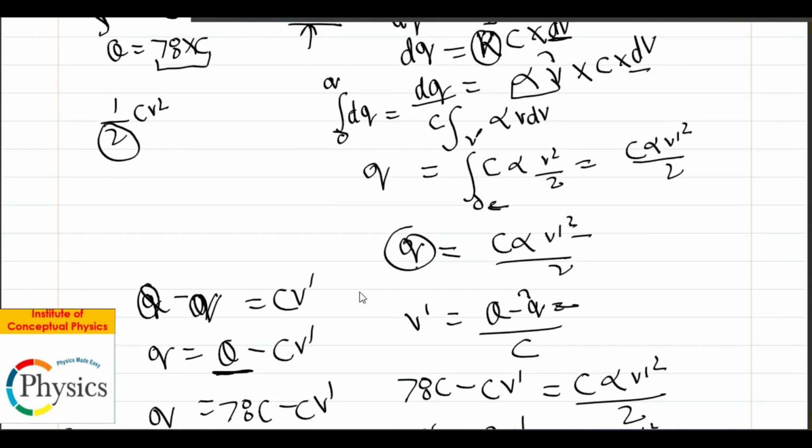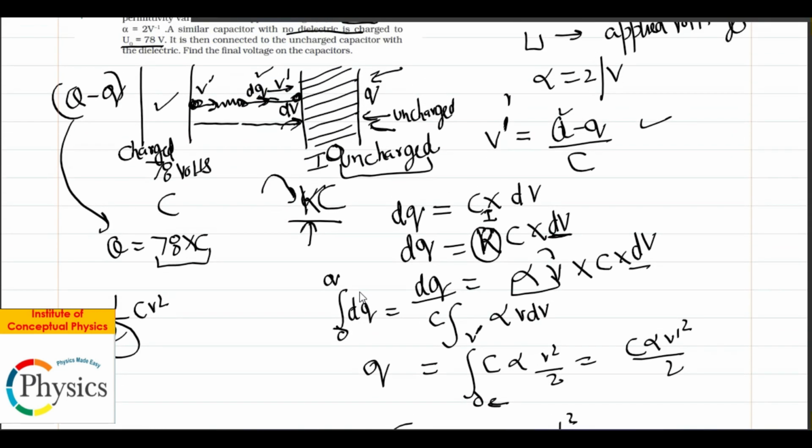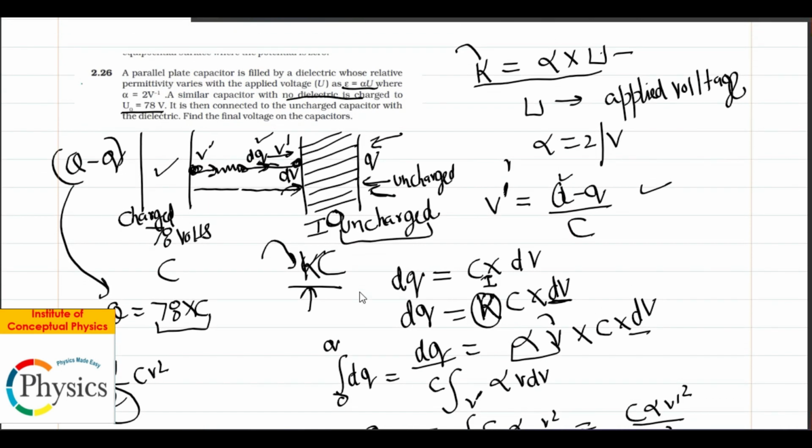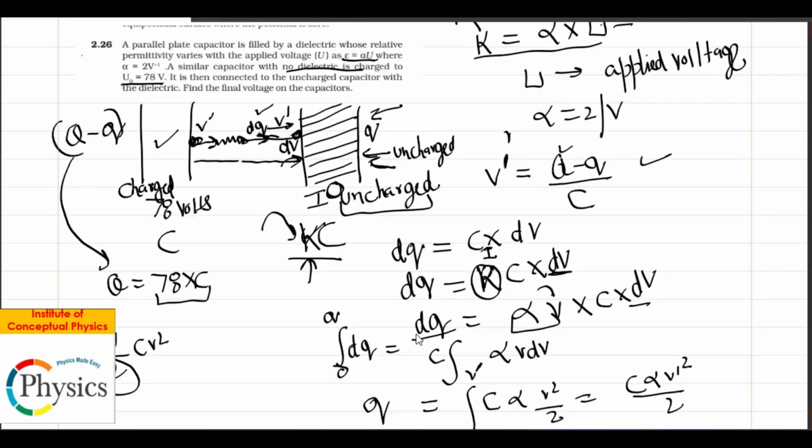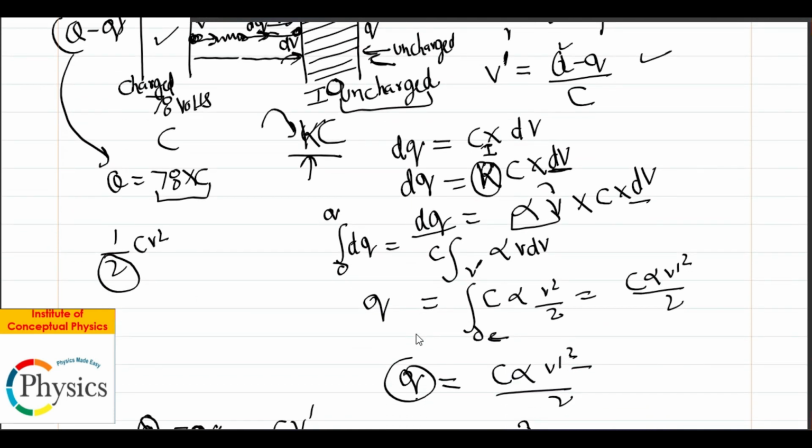Now, if you look into the NCERT solution, on the contrary, what they have done is a bit different. They have taken the value of the final potential and calculated it straight away without doing any integration. So if you refer to any other solution, my take is all other solutions are not up to the mark, because they are not utilizing the basic knowledge that you're charging a capacitor at a physical level and you're gradually increasing the potential.